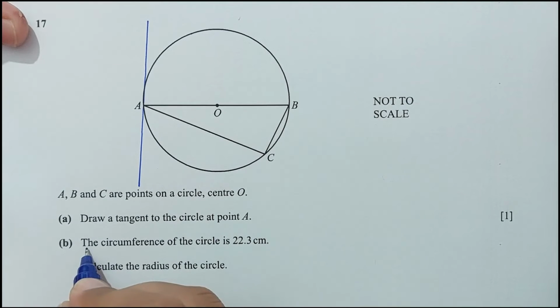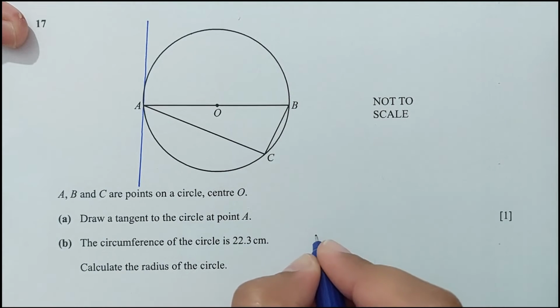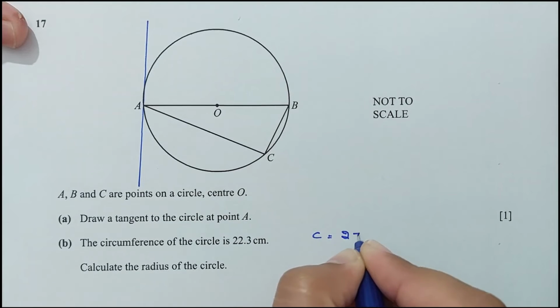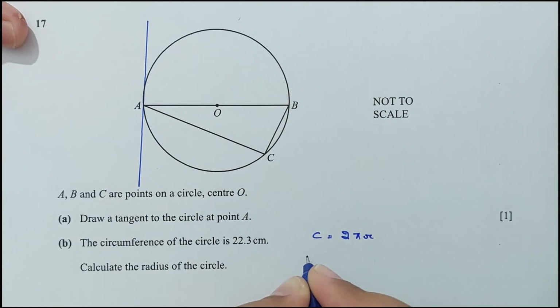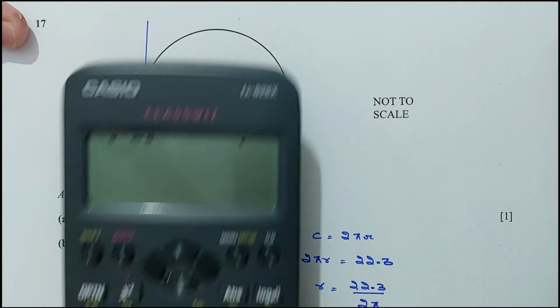Now for part B, the circumference of a circle is 22.3 centimeters. Circumference is 2 pi r, right? So 2 pi r we have been given is 22.3 centimeters. Calculate the radius of the circle. r is going to be 22.3 divided by 2 pi, right?